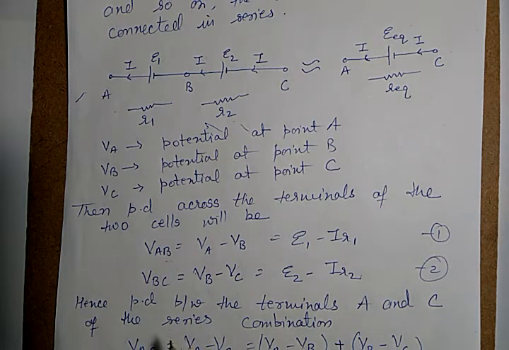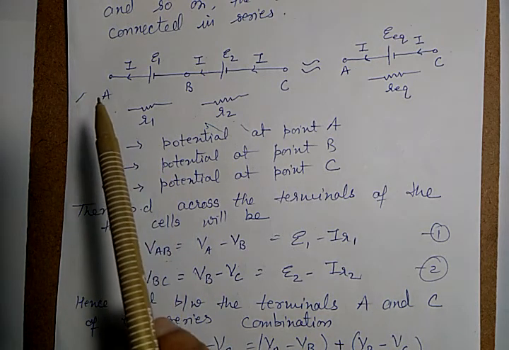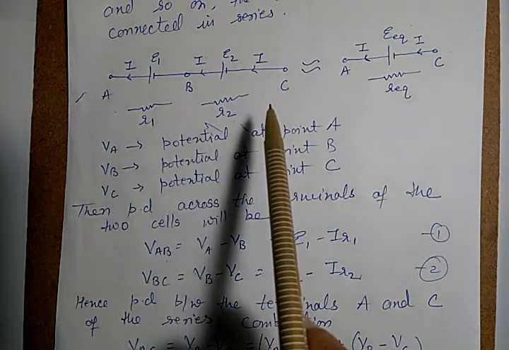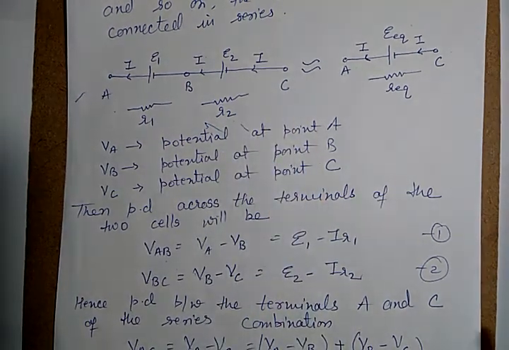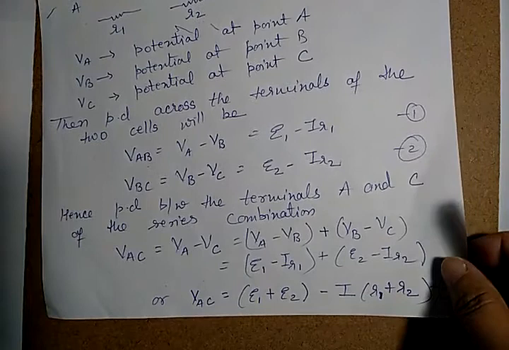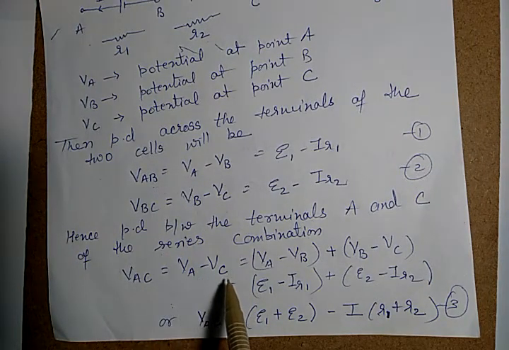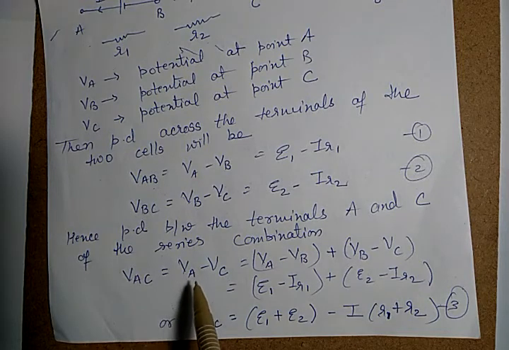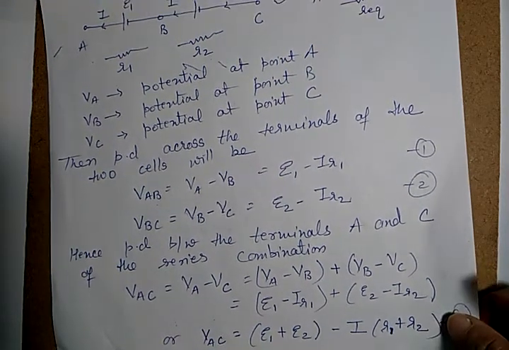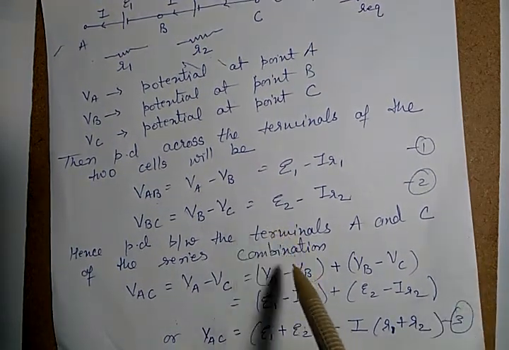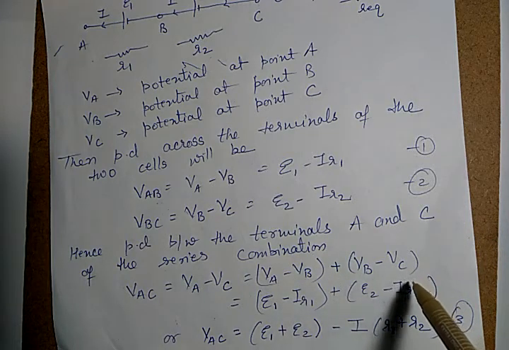Now, the potential difference between terminals A and C for this given combination will be the potential at A minus the potential at C. So VAC is equal to VA minus VC, and what is that? That is VA minus VB plus VB minus VC.